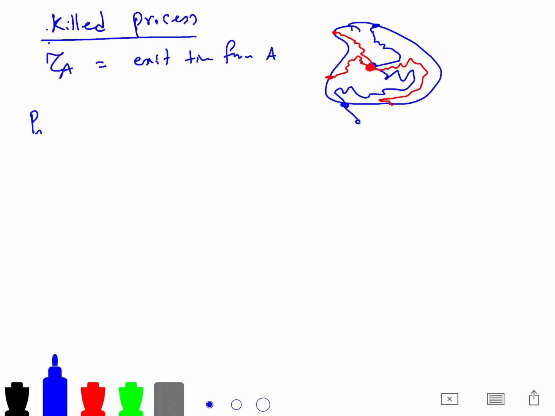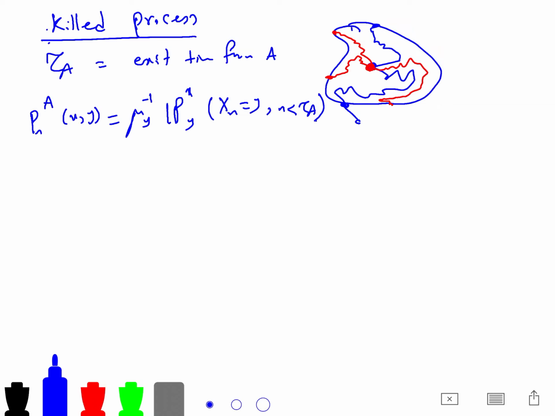So we can set the hit kernel of x and y, times mu y inverse, as the probability that X_n equals y. So after n time steps we hit y, and n is less than tau A. So at n we hit y, but it is less than the exit time.